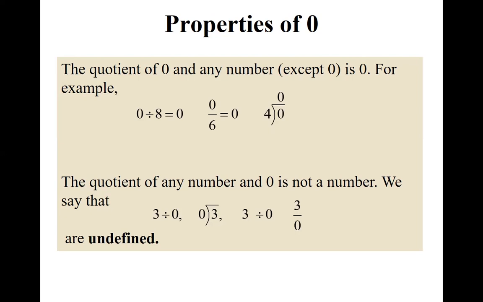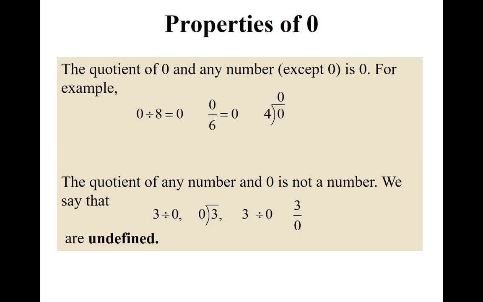So if 0 comes first, 0 divided by 8. If it's on top, 0 divided by 6. Or if it's on the inside, 0 divided by 4, the answer is 0. That would include 0 divided by 1 from the last slide.